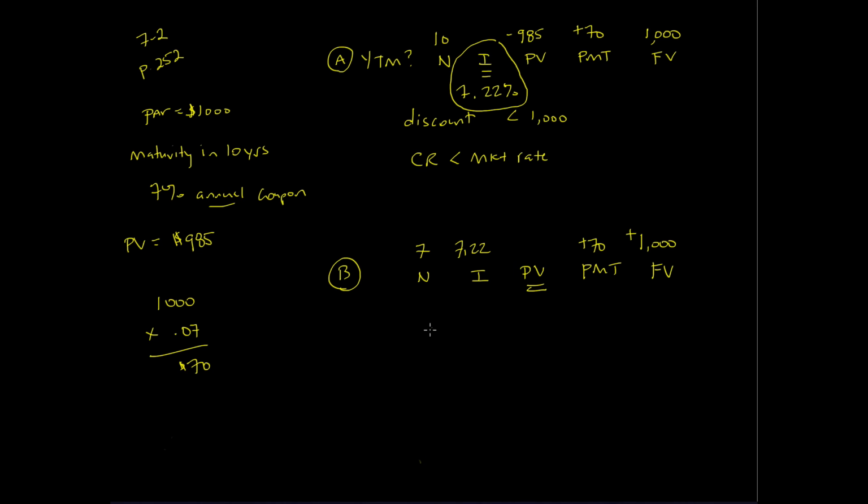We need to think about some theory before we actually plug in anything. Notice that we're keeping all of these constant. Yield is constant. Payment is constant. Future value is constant. The only thing that's different is in part A, there are 10 payments until maturity, and in part B, there are 7.